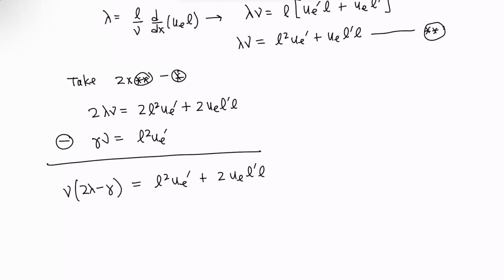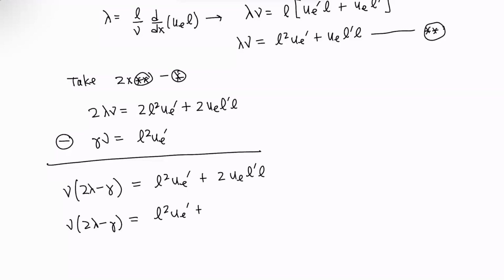And I'm going to rewrite the second term slightly. So I have nu times 2 lambda minus gamma is equal to L squared UE prime.